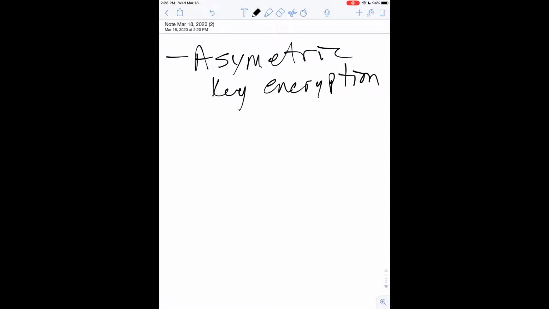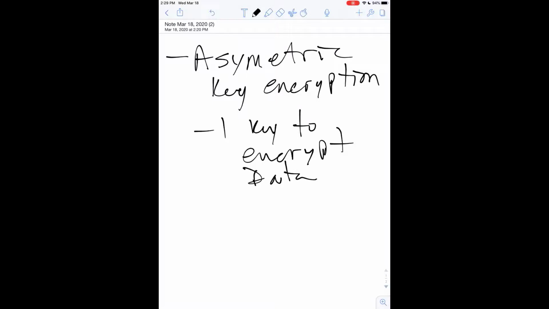So with an asymmetric key, we use one key to encrypt data, and the second key to decrypt data.